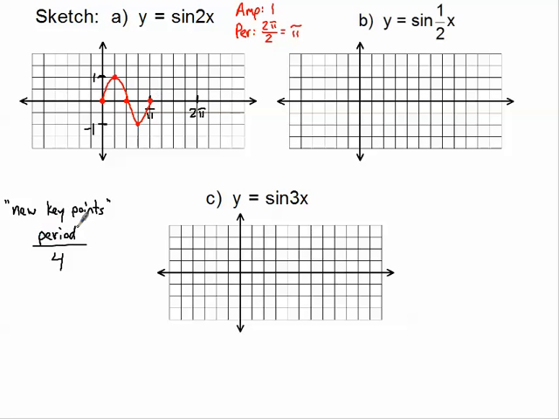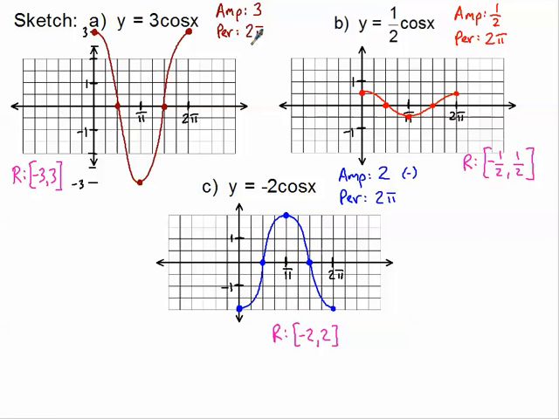Basically take your period and divide by 4. So in this case, since our period is pi, if I divide that by 4, I get pi over 4. That's why I'm counting by pi over 4s. If I take my normal period of 2 pi and divide that by 4, 2 pi divided by 4 is pi over 2.